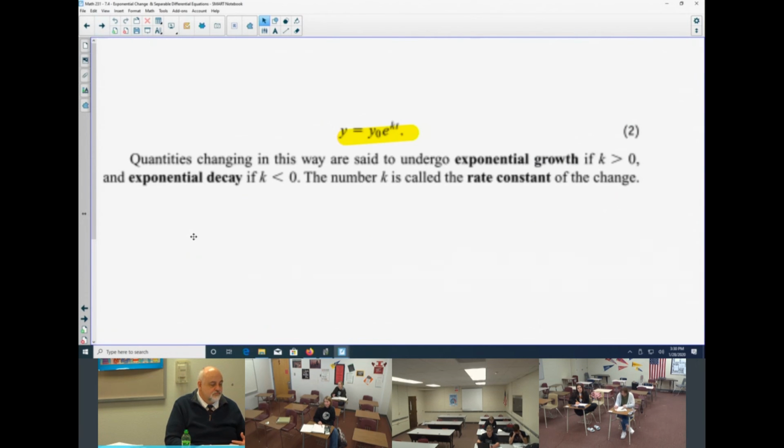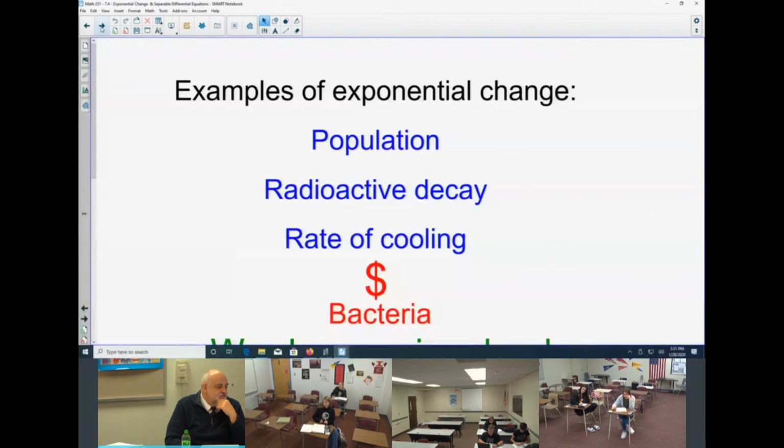Okay. What you might remember, like in pre-calculus, you do problems like bacteria growth or population growth or whatever, and they give you this equation here. This equation for exponential growth is the one that we're going to use, and it actually comes from what's called separable differential equations. Okay, so what's that?